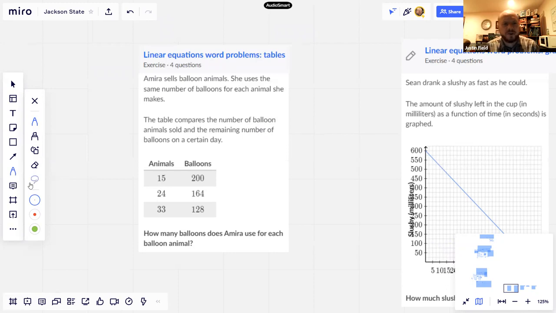All right. So anyway, linear equation word problems. We're going to look at tables, graphs. I want you to know the acronym GET.